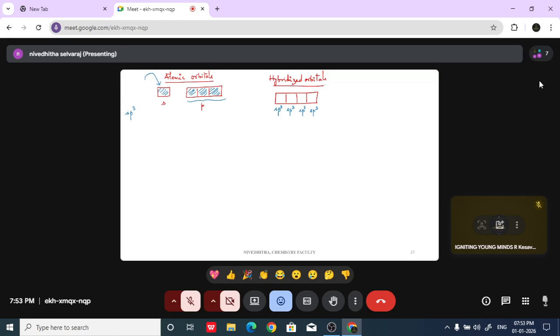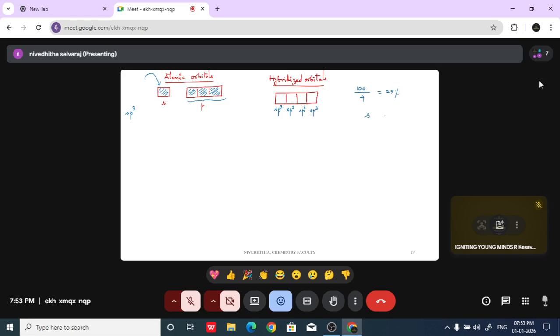That is very easy. See, 100 is the total character divided by how many atomic orbitals were involved in hybridization? 4. So 100 divided by 4 is 25. So each orbital is contributing around 25% for this character.